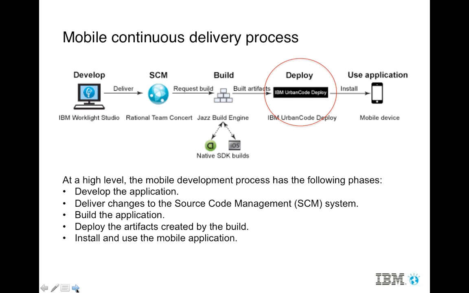Go to the next slide. Great. So the mobile continuous delivery processes, that was the build. We're looking to automate that as much as possible. And we can now do the same thing with deployment as well. And so the Worklight view on these things does facilitate the whole DevOps piece, where the administrative artifacts that we need to manage a Worklight environment are easily controlled and configured as part of development source code as well.